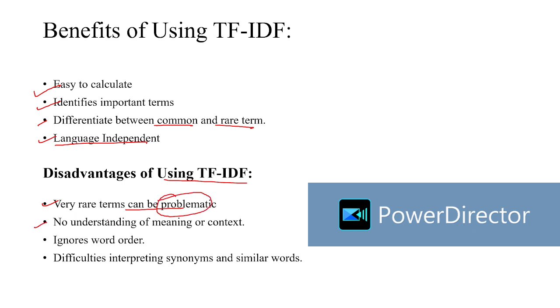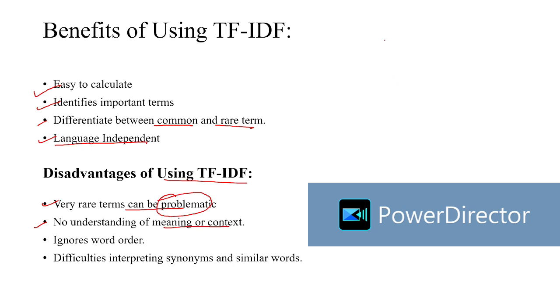There is no understanding of meaning or context, like we have also discussed in the previous video. So what is the meaning or context in a document? Let's suppose you are searching a query about a document which contains some context.